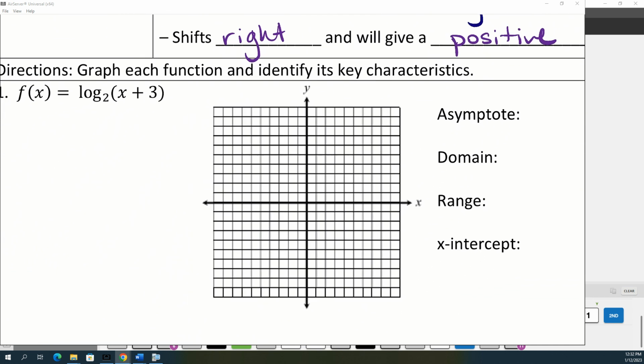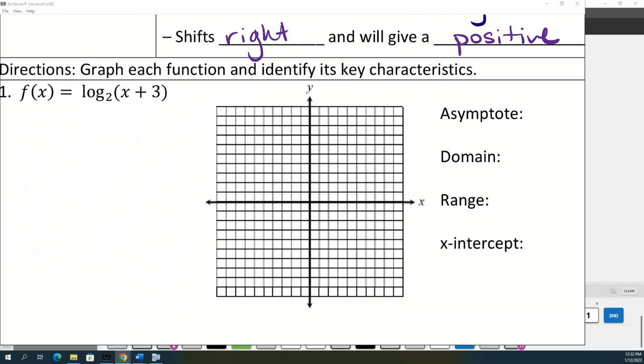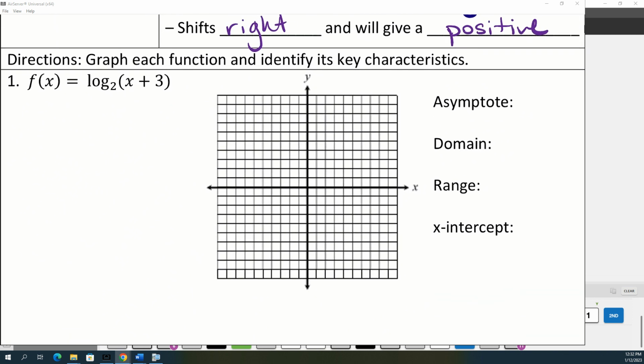All right, so let's do that on number 1. On number 1, we're going to start off with this function, and we're going to give the vertical asymptote. We're going to look inside the parentheses. Since this is a plus 3, your asymptote is going to be x equals negative 3. So use the opposite. And then as soon as you have the asymptote, you're going to go ahead and say the domain is x is greater than -3.